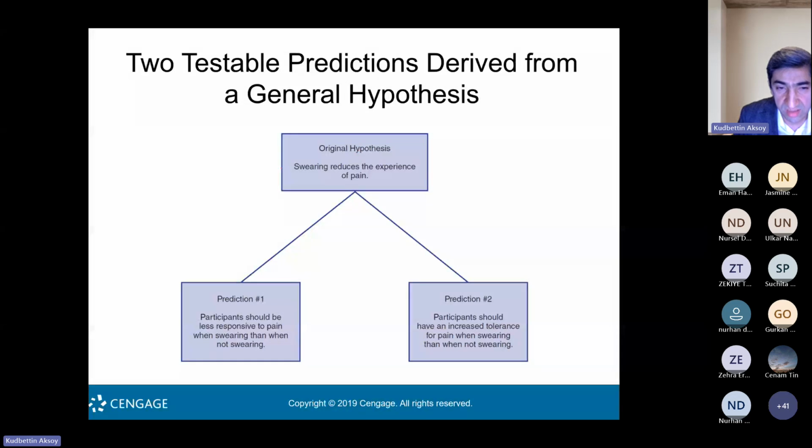In your textbook, there is a research going on about whether swearing reduces the experience of pain. You have a hypothesis, and then you make a prediction. Participants should be less responsive to pain when swearing than when not swearing. And another prediction could be participants should have an increased tolerance for pain when swearing than not.